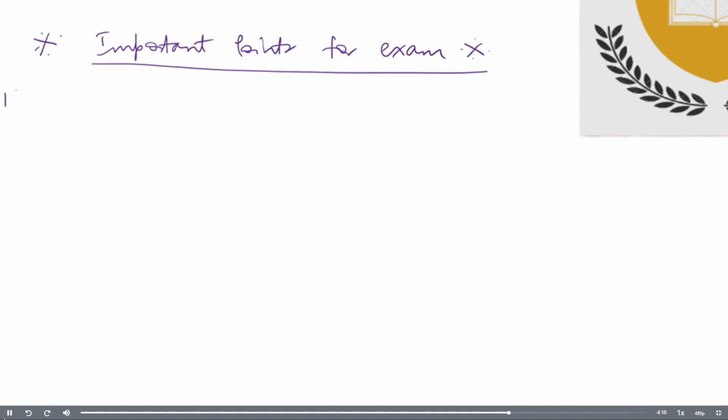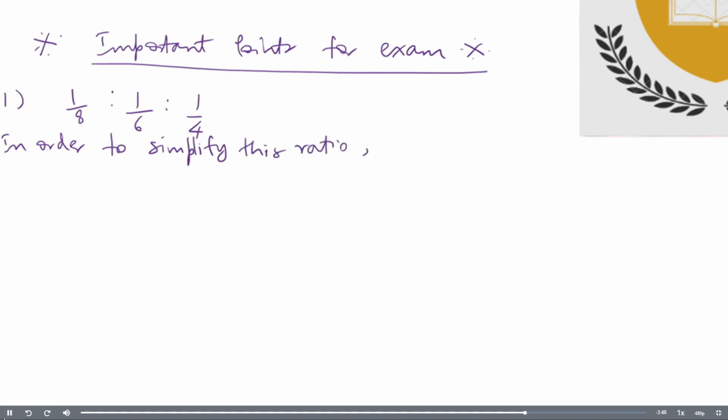The first important point is, if they give you a ratio, say 1 is to 8, 1 is to 6, 1 is to 4, in order to simplify this ratio, you have to multiply each of the ratio by the LCM. Multiplied by the LCM, you'll instantly get the answer.